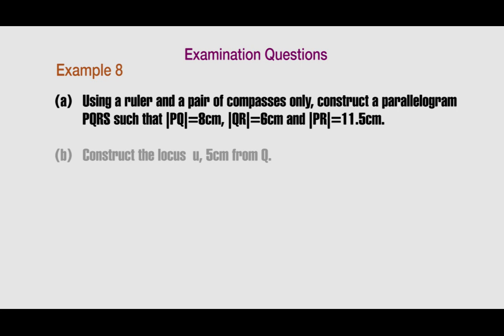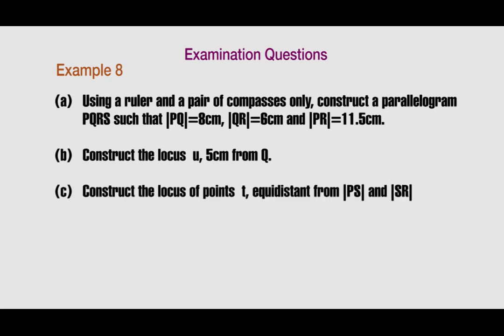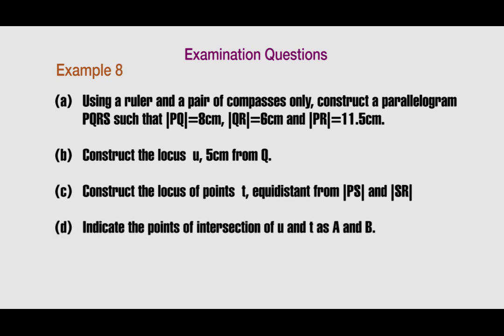B. Construct the locus U 5 centimeters from Q. C. Construct the locus of points T equidistant from the length PS and length SR. D. Indicate the points of intersection of U and T as A and B.